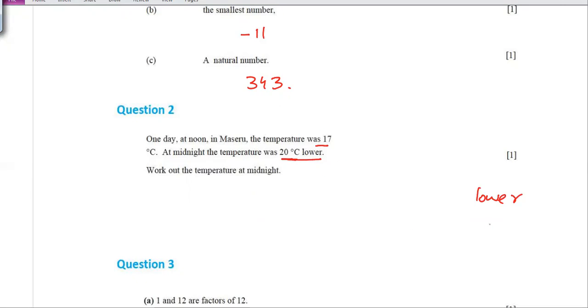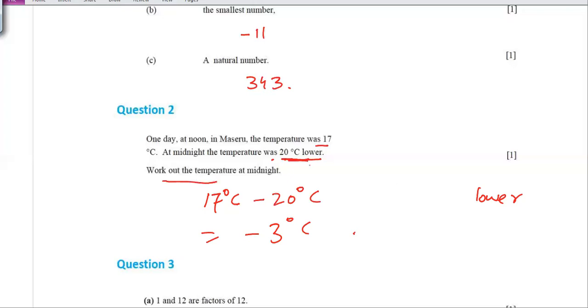If it increases or goes up or becomes hot, then you will add. So right now the temperature was 17 degrees Celsius and it got lower by 20 degrees Celsius. So the result will be 17 minus 20 is -3. So that will be the midnight temperature.